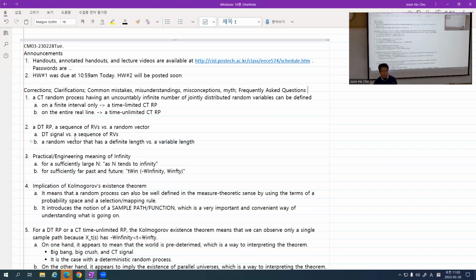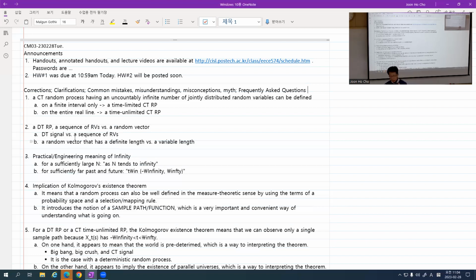Of course, in many cases, you are handling such a continuous time random process where t ranges from negative infinity to positive infinity. However, there are many applications and many cases in your graduate study or research where you have, for example, a time-limited continuous time signal. By the way, given a time-limited continuous time signal, how many time t instants do you have? Still uncountably infinite, okay?